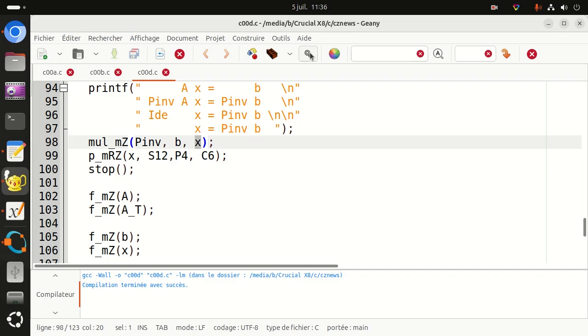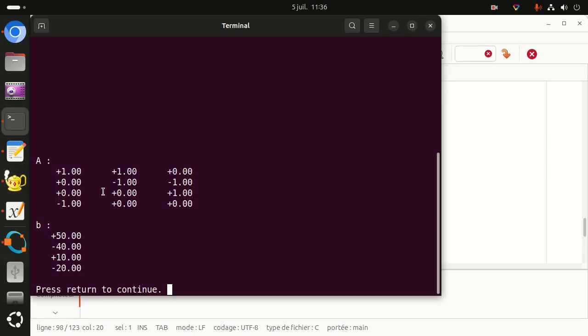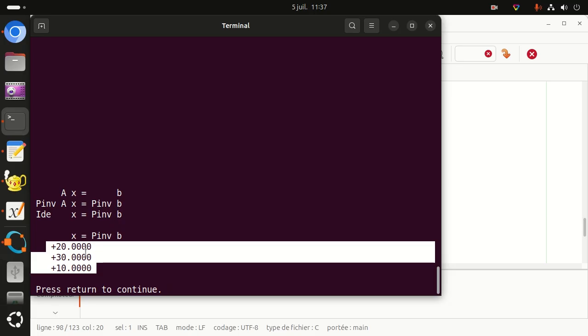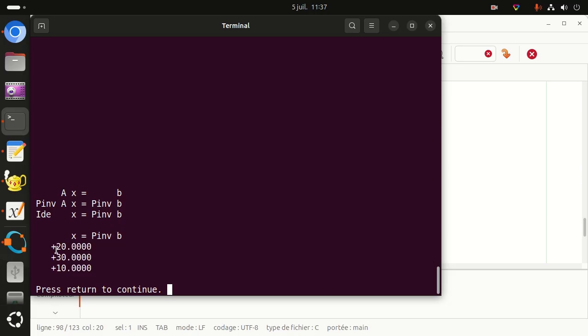Why must you use the pseudo-inverse? Because A is not square. You have 4 lines and 3 columns, so you must use a pseudo-inverse to solve this system. And with this result you do not have a row and a column of 0.